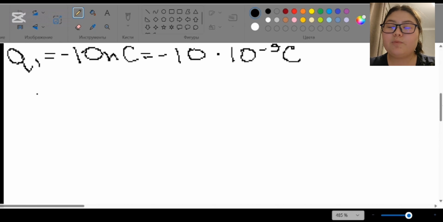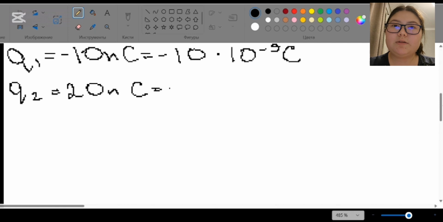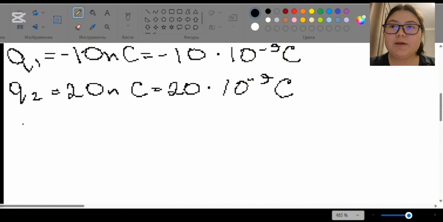Next, we have point charge number 2. It is equal to 20 nanocoulomb, so in the right units, it's going to be 20 multiplied by 10 to the power of minus 9 coulomb. Now the distance between them is 15 centimeters, and in meters, that's going to be 0.15 meters.